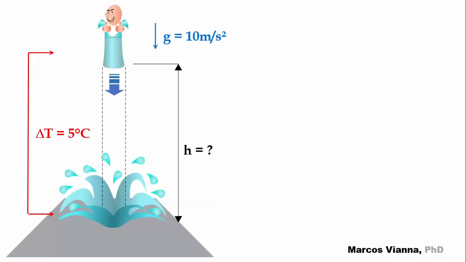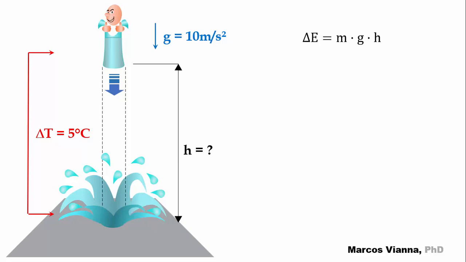Now another problem. We'll drop some amount of liquid water which is in a plastic bag from a height h. Let's assume that all the original potential energy will be converted to heat. We wish that the water temperature rises 5 degrees Celsius. What should be the h value?